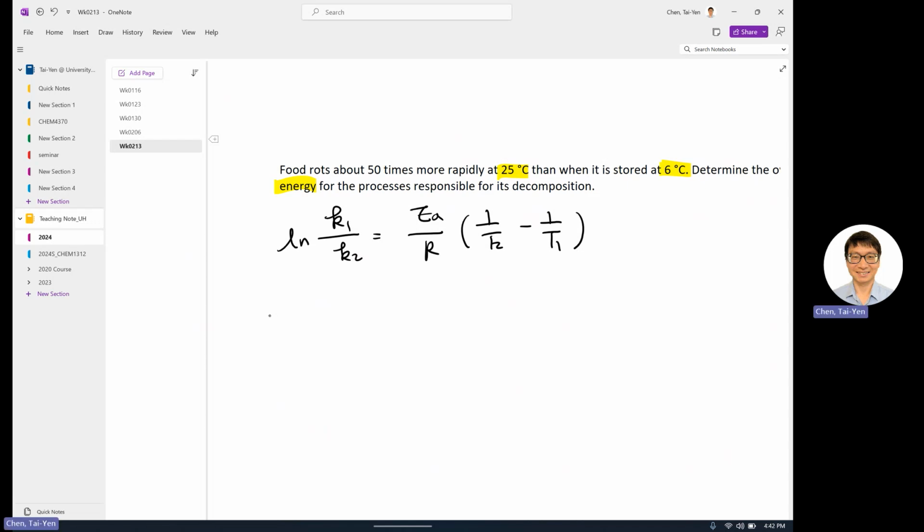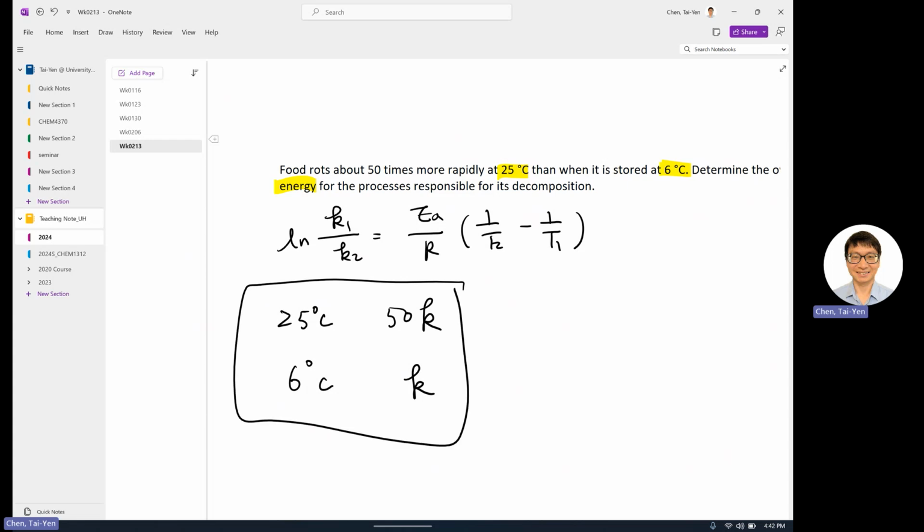Right now we know you have two temperatures: one is 25 degrees C, one is 6 degrees C. From the description, the rate constant is 50 times faster at 25 degrees C compared to 6 degrees C. That means if the rate constant at 6 degrees C is K, at 25 degrees C it will be 50 times faster. I assume everybody should be able to write this out, right?